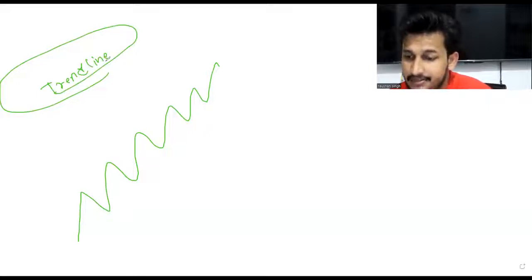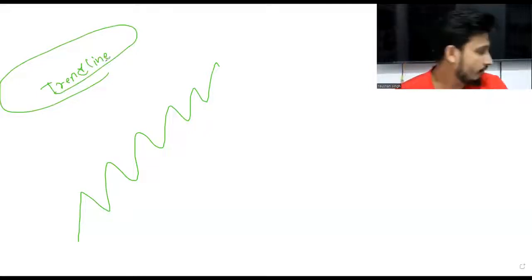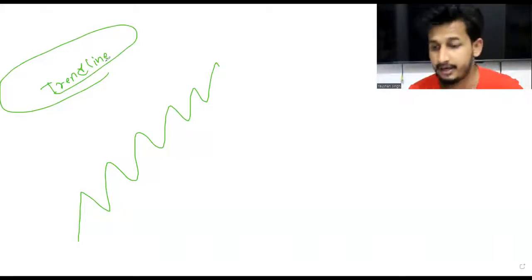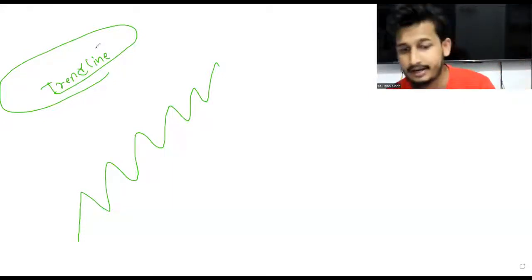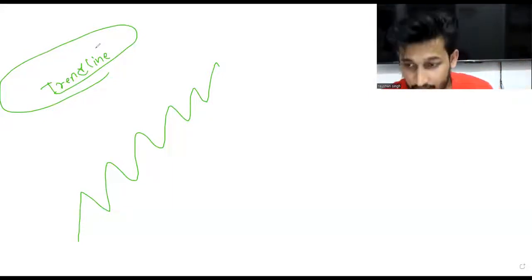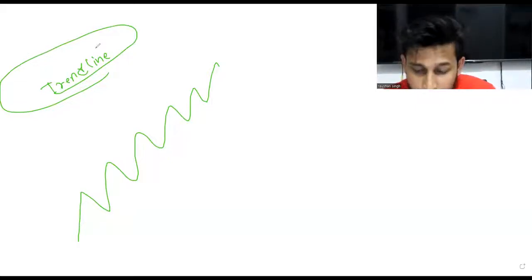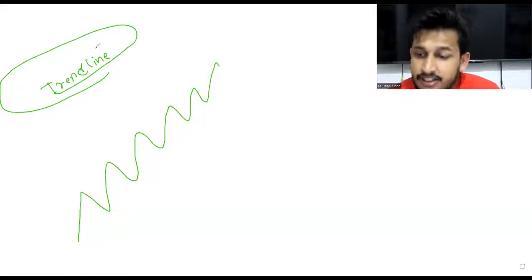Trend line is basically the formation of all the different types of price action patterns which we will be studying. So you can say that this is the building block, the base of all the price action strategy which we are going to learn.